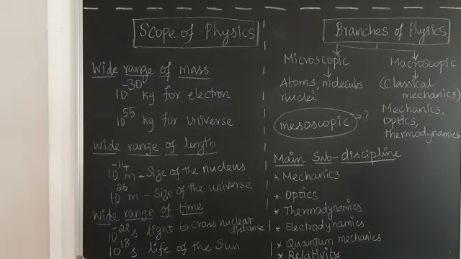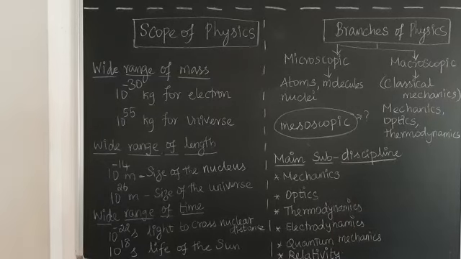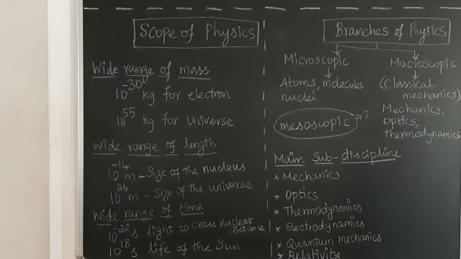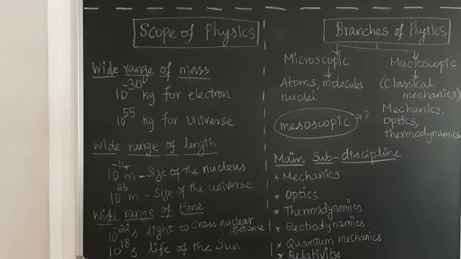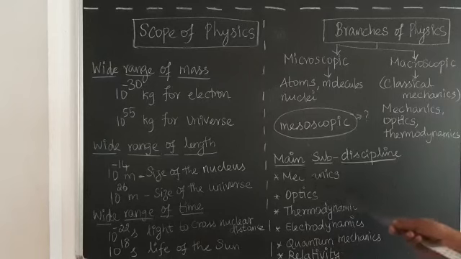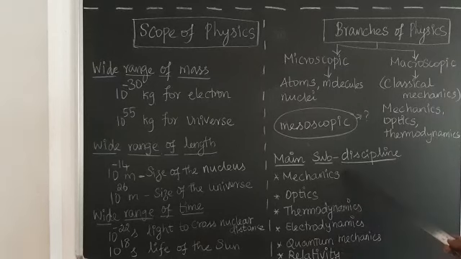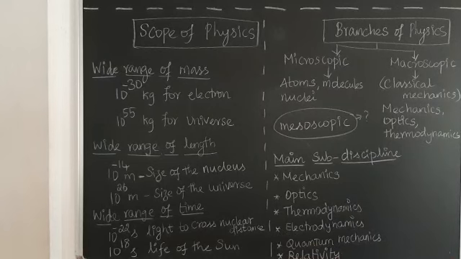And what are the main subdisciplines in physics? Majorly we have these categories, and we are going to study them later in grade 11 and grade 12. Mechanics: in 11th standard we deal mostly with mechanics, which deals with objects bigger in size. Optics: lens, light, everything is covered under this area.